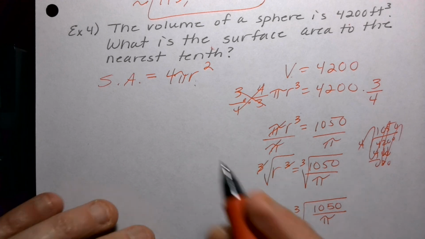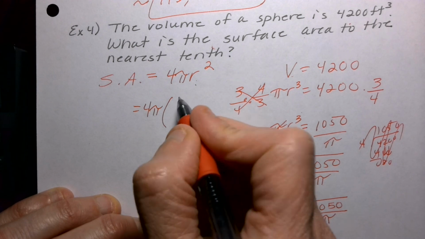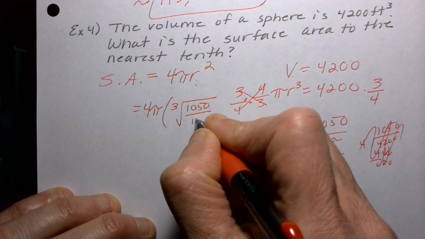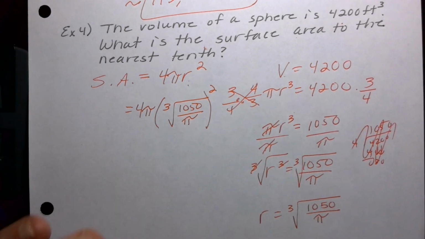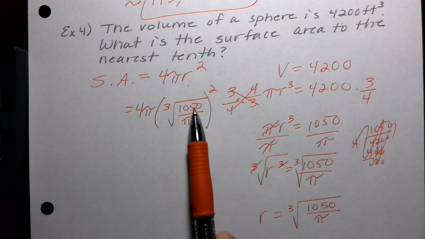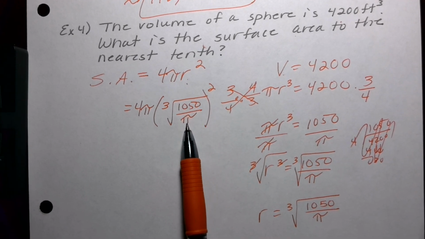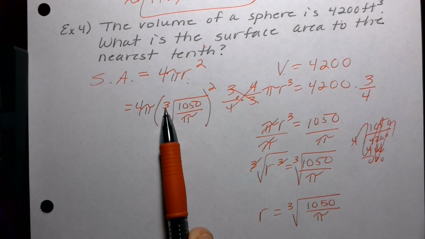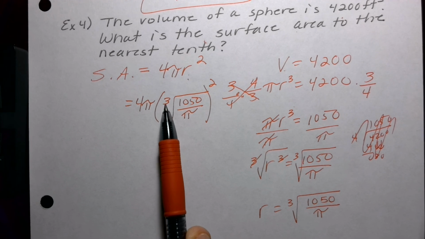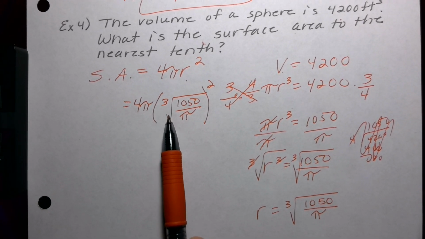Now, we go back up here and it's 4 times pi times the cube root of 1,050 over pi, squared. So let me walk you through that on your calculator. You do 1,050 divided by pi equals. Then you're looking for this cube root button. I'm pretty sure all your calculators have it. You just got to look a little. It might be the second function or even the third function, but it's there.